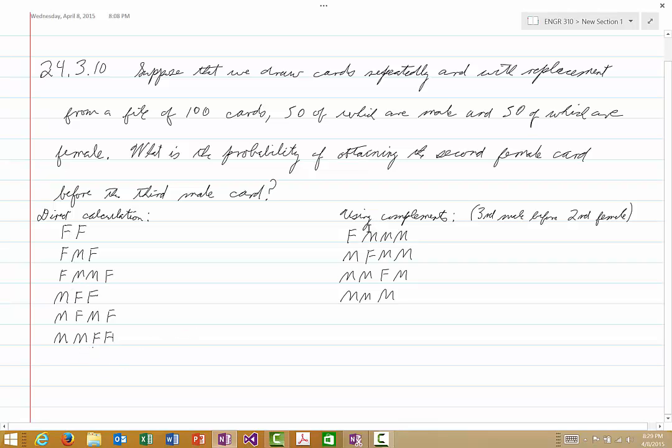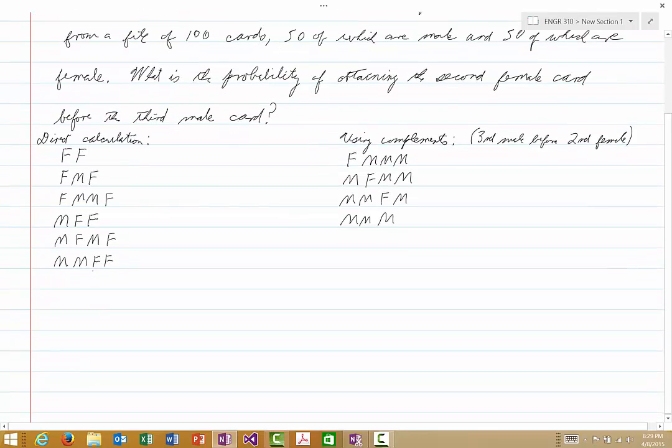And as I mentioned earlier, these are the possibilities for the complement. And so really there's not quite as much of a difference as I had anticipated. Here we have 6 probabilities we have to calculate, and here we would have 4. And then we remember, when we calculate using complements, we take 1 minus the sum of these probabilities.